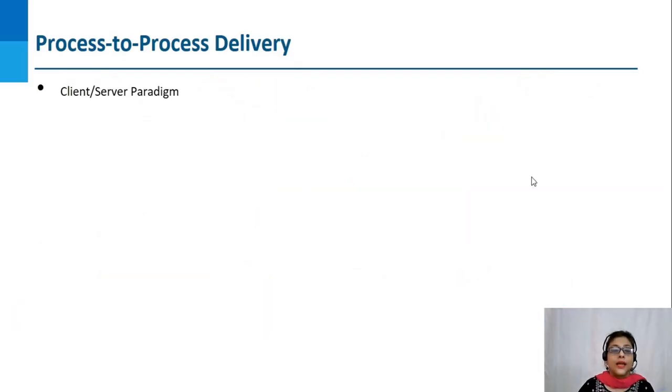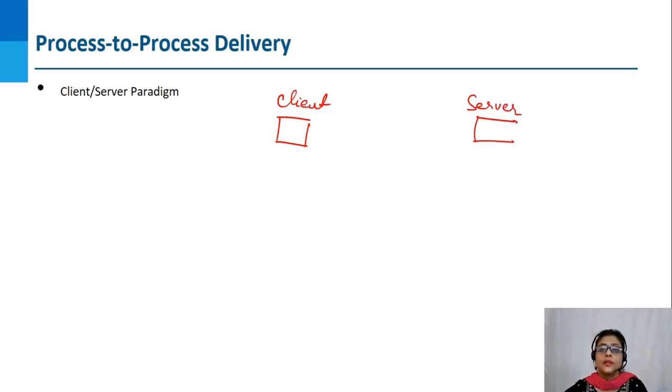Now we need to understand the client-server paradigm. There may be various process-to-process delivery, but the client-server paradigm is of utmost importance. In the client-server paradigm, there is a client process which runs at the client end, and there is a server process which runs at the server end. For example, if a client wants the date and time from the server, it makes a request.